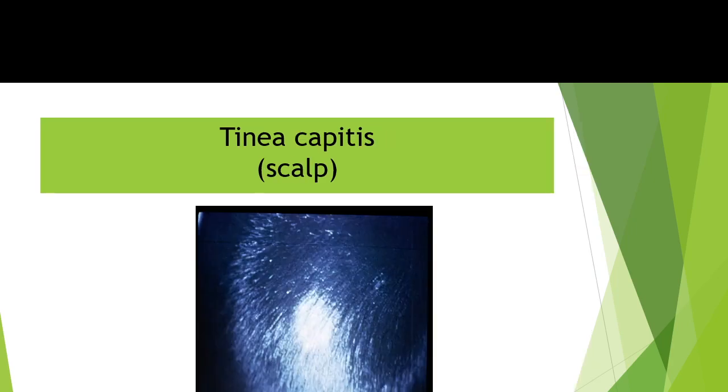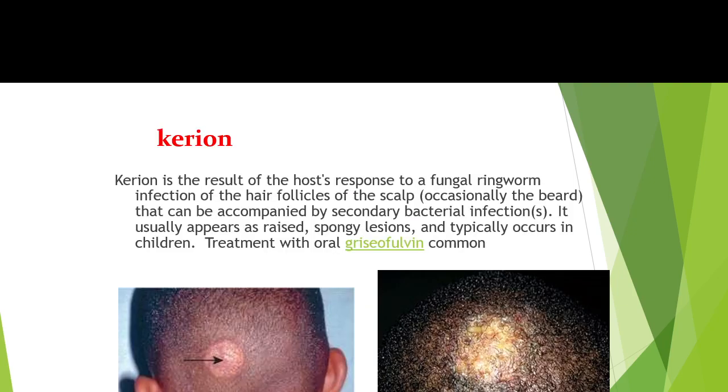Another picture, tinea capitis, that's to say fungal infection in the area of the scalp where there is loss of hair and erythematous scaly lesion, shown in this UV light room where a special type of light under UV source is shining, and this is called tinea capitis.